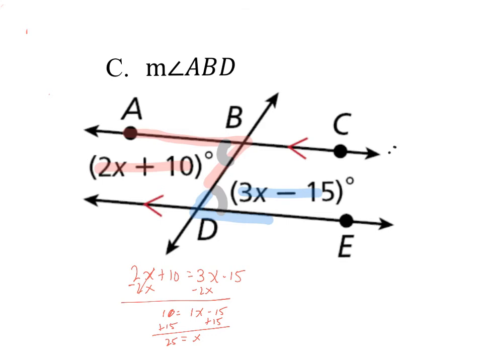Okay, and I plug that back in to measure angle ABD. So into 2x plus 10, if we plug in the 25, becomes 2 times 25 plus 10, which is 50 plus 10, which is 60 degrees. This makes sense because it's acute. Measure of angle ABD is equal to 60 degrees.